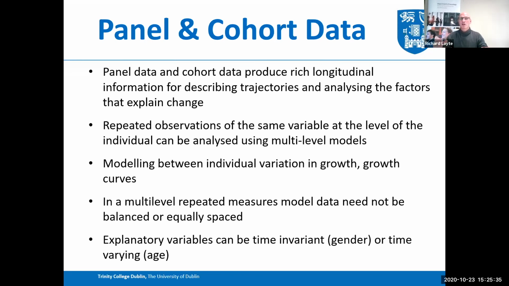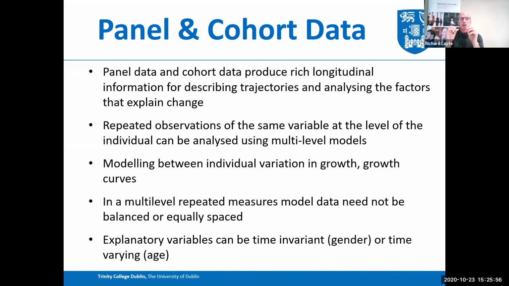Think of the observations being clustered within the person. And you can even then look at people within households. If you've got multiple people in a panel study in the same household, you can look at multiple observations for each person and then multiple observations within each household. It's a lovely hierarchical structure.